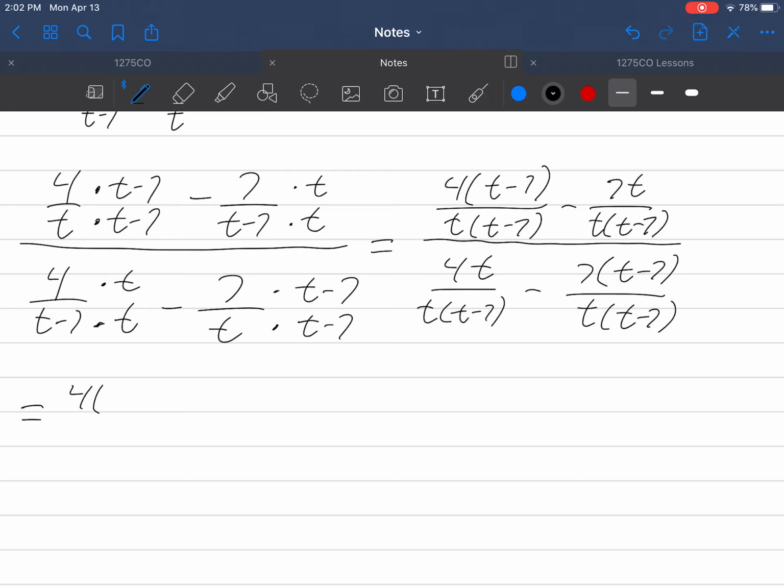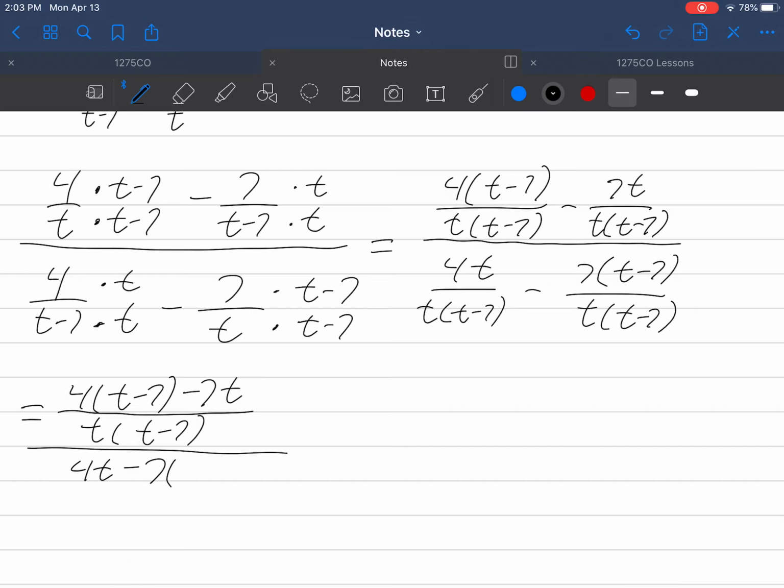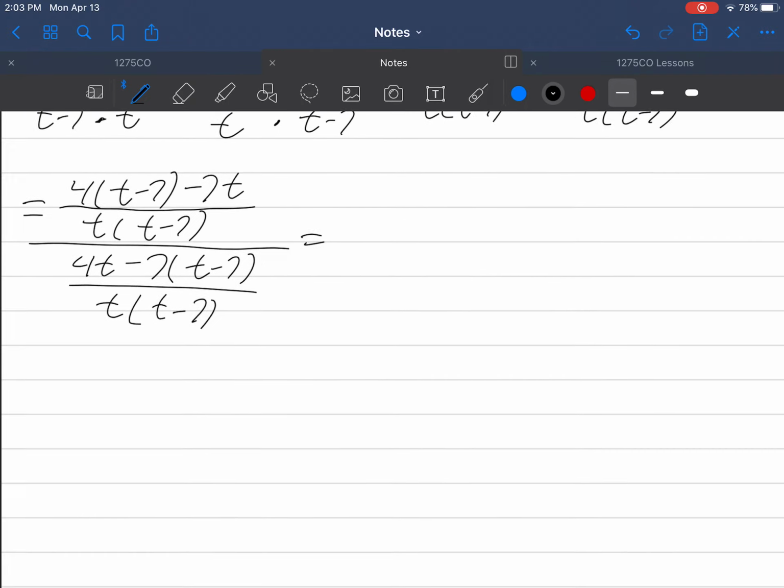So 4 times t minus 7 minus 7t divided by t times t minus 7 over 4t minus 7 times t minus 7 over t times t minus 7.